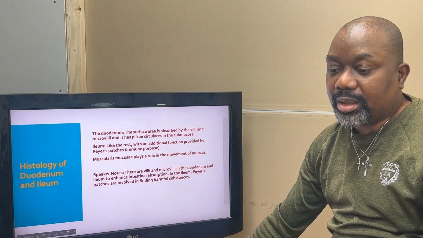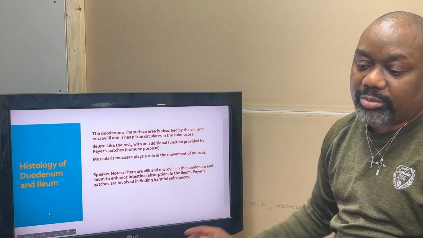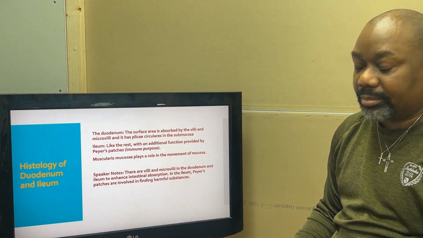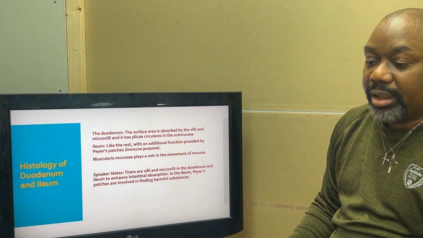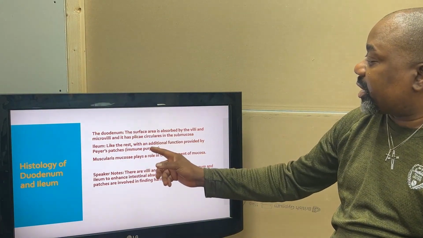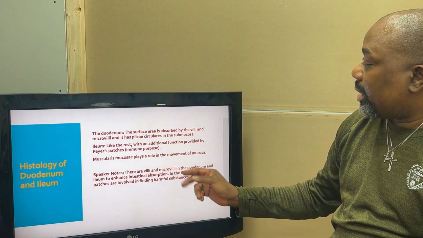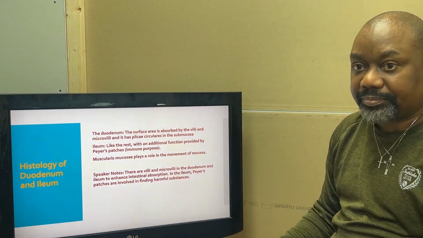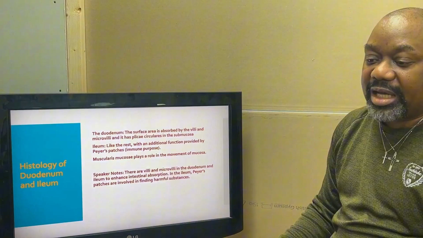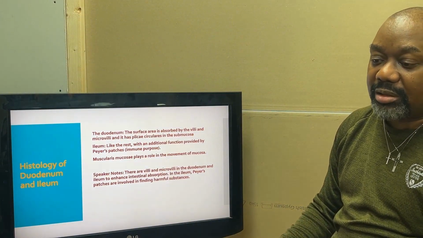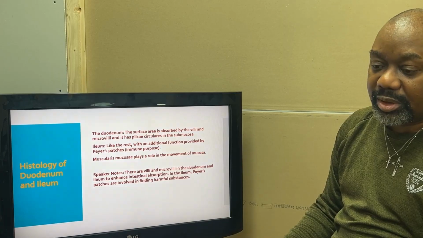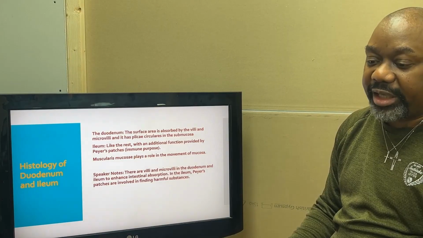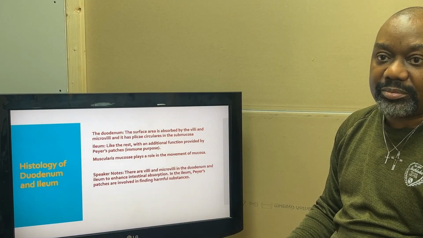Furthermore, in this paragraph, I'm going to discuss the histology of the duodenum and ileum. The duodenum has a surface area increased by the villi and microvilli, and it has plicae circularis in the submucosa. The ileum is like the rest, with an additional function provided by Peyer's patches.